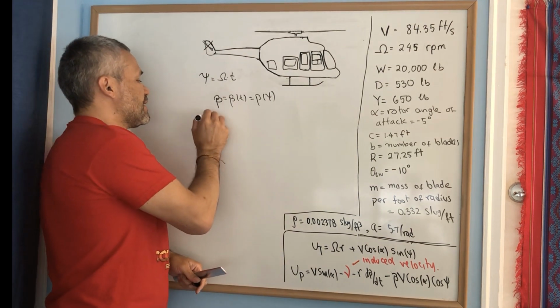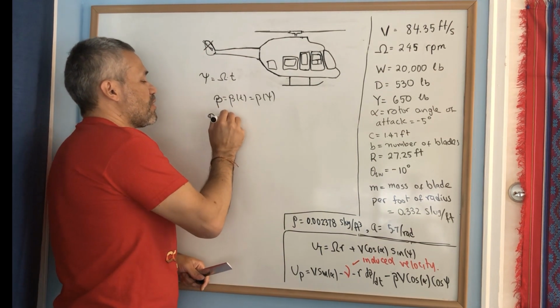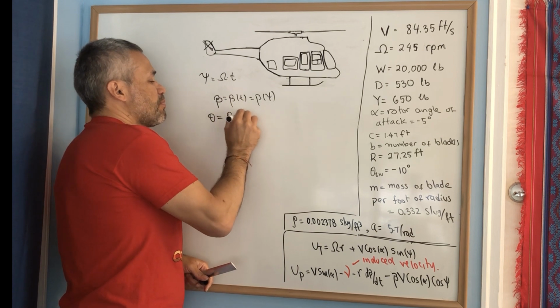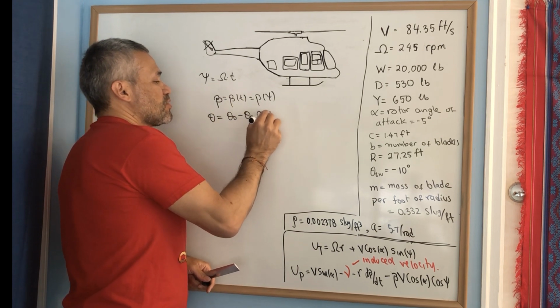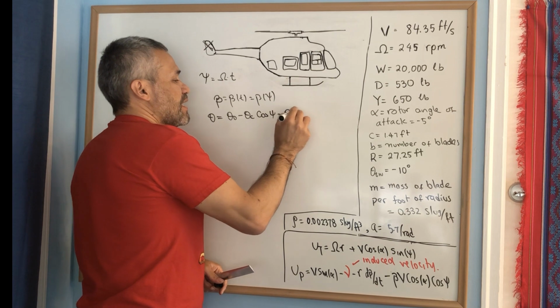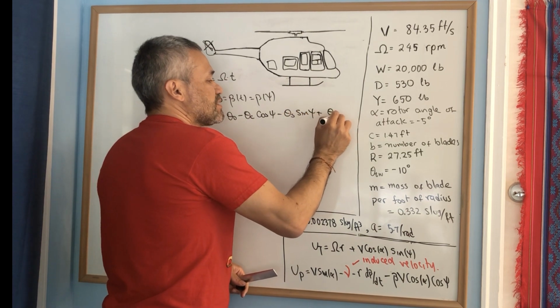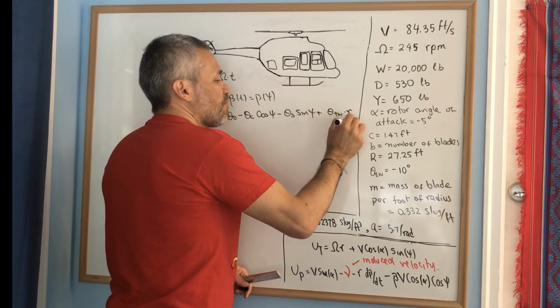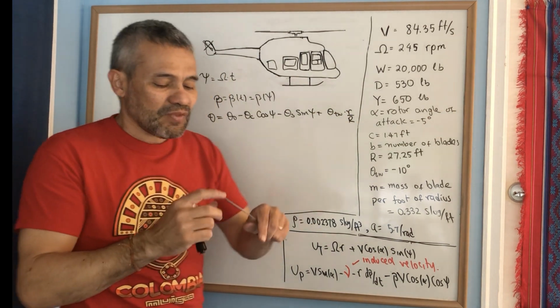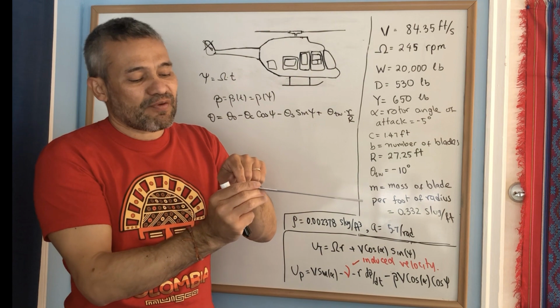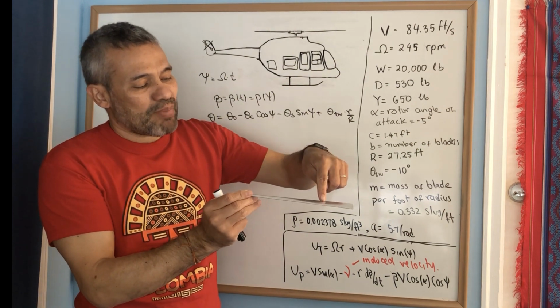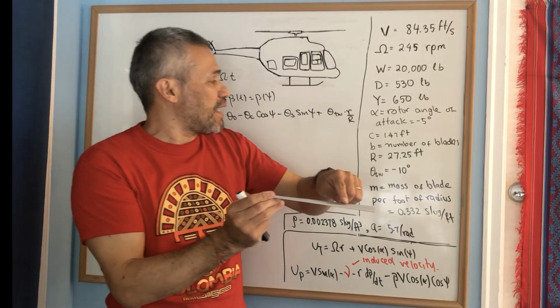The other angle is the pitch angle, which is equal to theta 0 minus theta c cosine of psi minus theta s sine of psi plus theta twist times r over capital R. Little r is the distance from the center of rotation to a particular section of the blade.